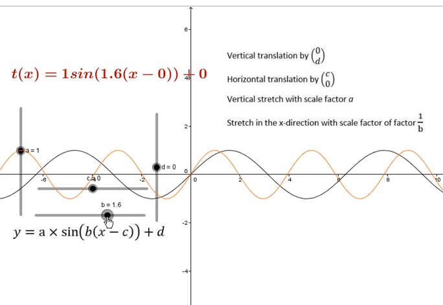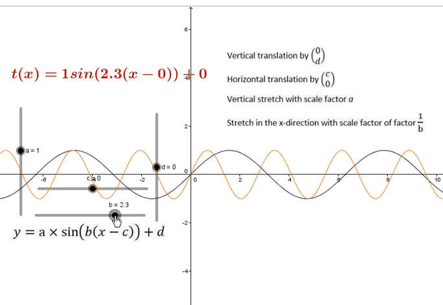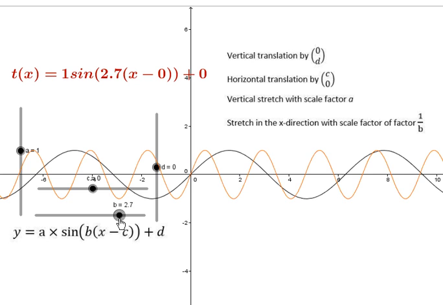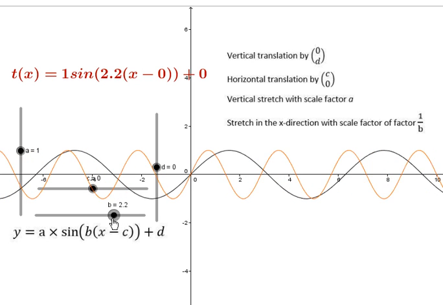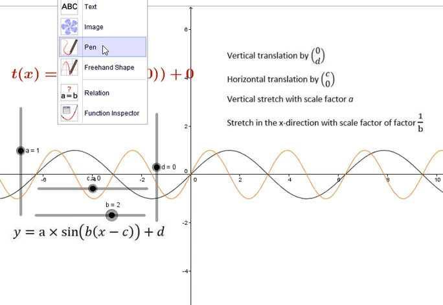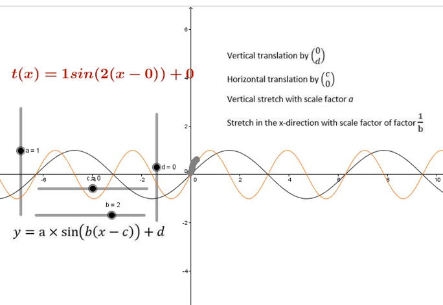And then we have b inside the brackets. Now let's let b equal 2. At this moment, if you look very carefully right here, that was really badly drawn.